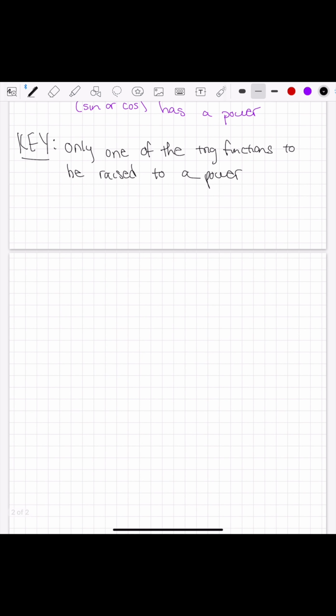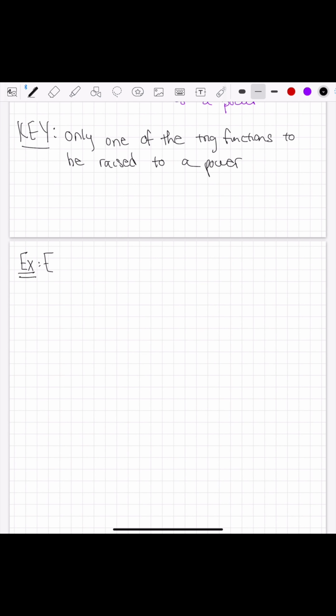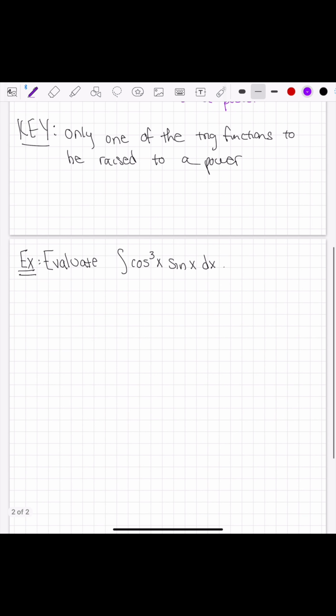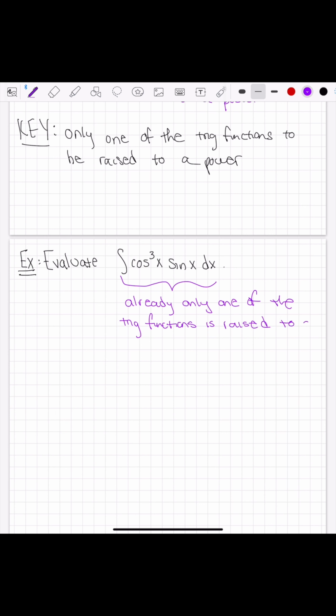So, for example, let's say we were given this integral. Evaluate the integral of cosine to the third power of x times sine of x dx. This is already in the format we need, since only one of the trig functions is raised to a power, so there's no rewriting to do.